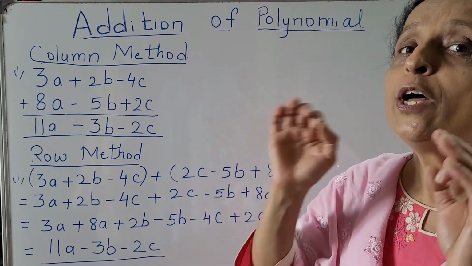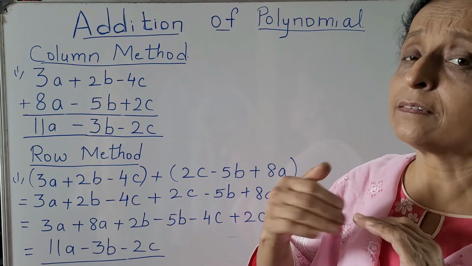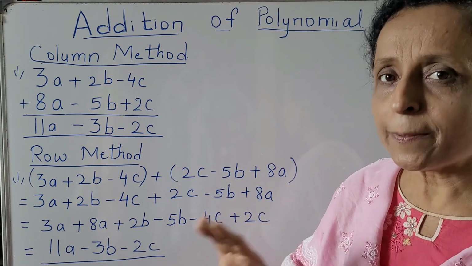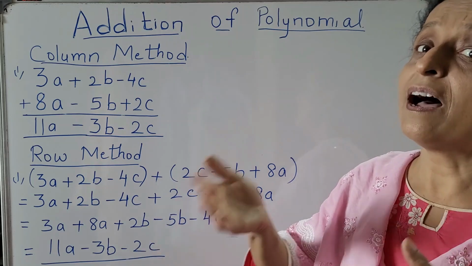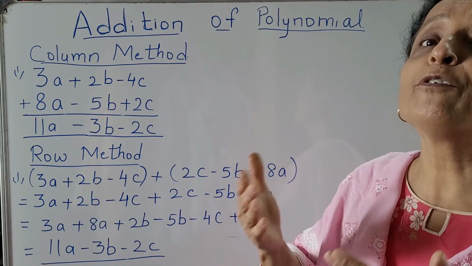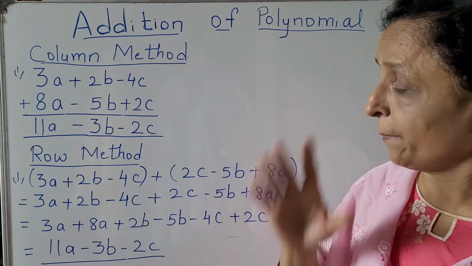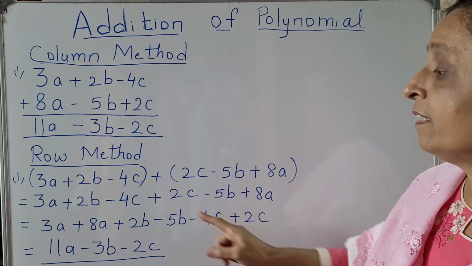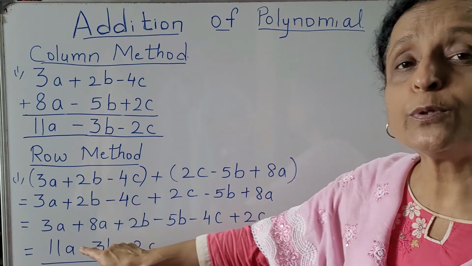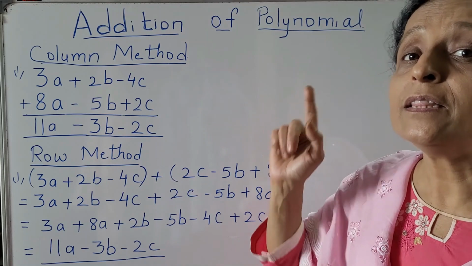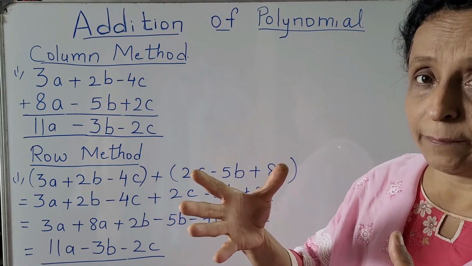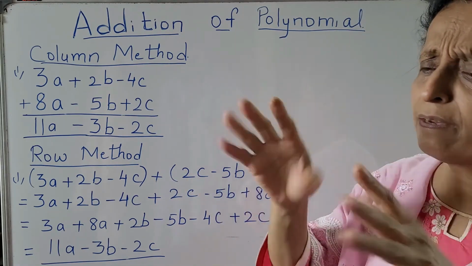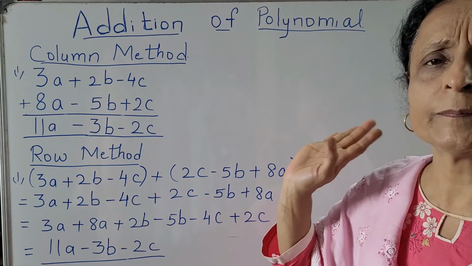You should know that when the signs are different, you have to subtract. When the signs are the same, you have to add. Remember that. And the sign which you are going to put is the sign of the bigger number. Whichever is the bigger number, put its sign.